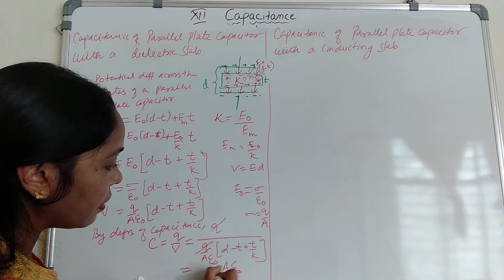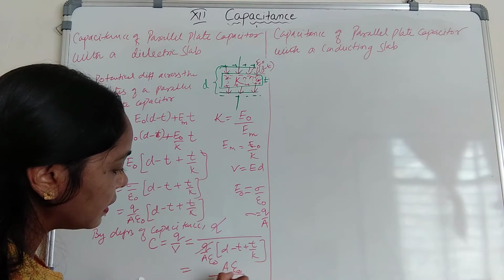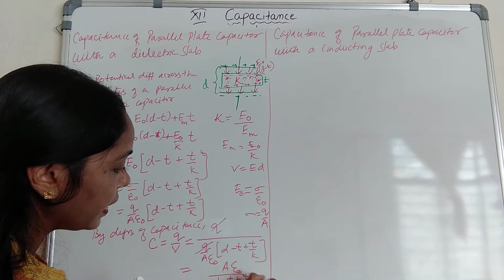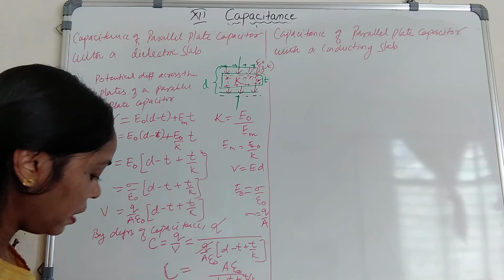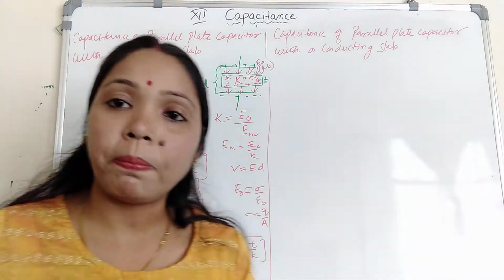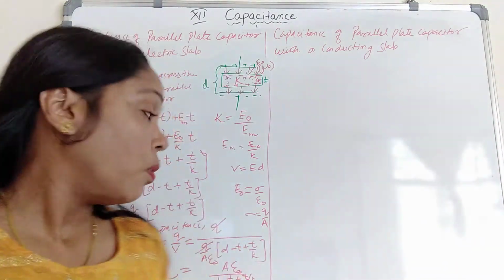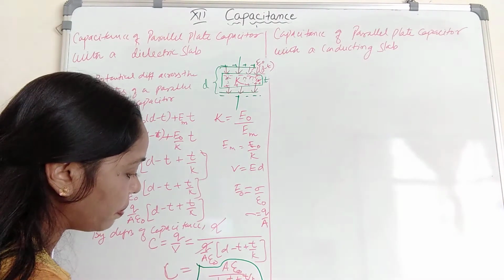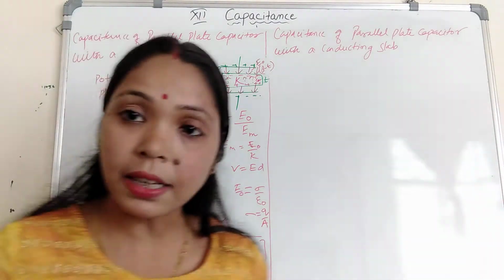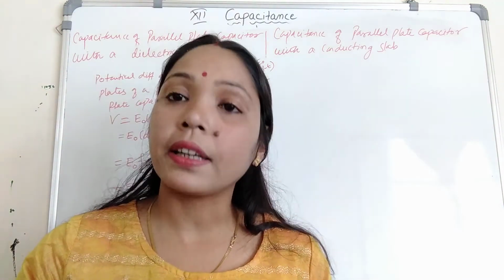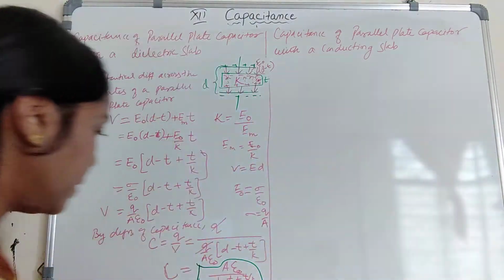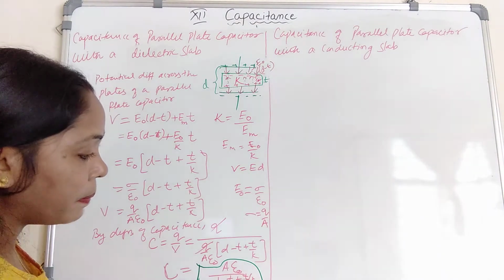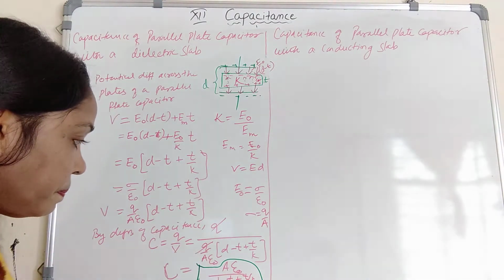So C is A epsilon naught by [(d minus t) plus t by K]. This is the capacitance of a parallel plate capacitor when the dielectric slab is present between the plates.